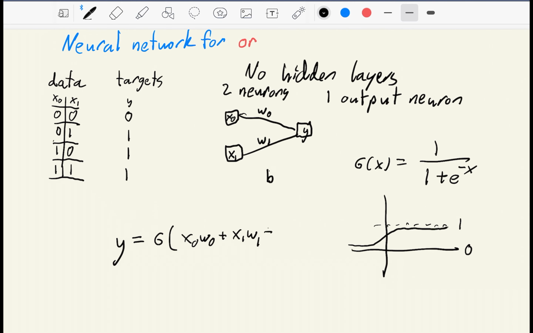And then the thing we're going to use PyTorch for is to try to find what are some good values for these weights and the bias. So values for w0, w1, and b. That's what we want to use PyTorch to try to find.